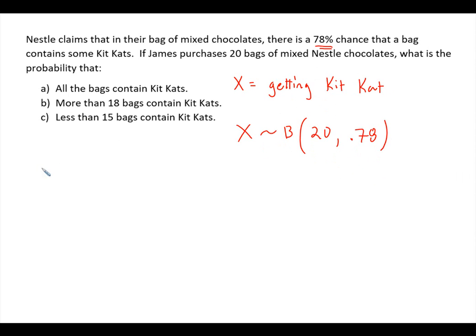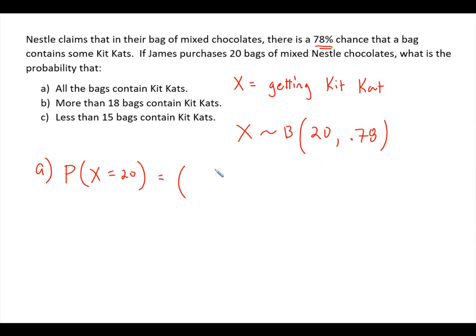Now in part A, we want to know the probability all the bags contain Kit Kats. There's 20 bags, so x is going to equal 20. Technically you can just calculate this in the calculator, but I want to write out what's really happening, to make sure you understand.